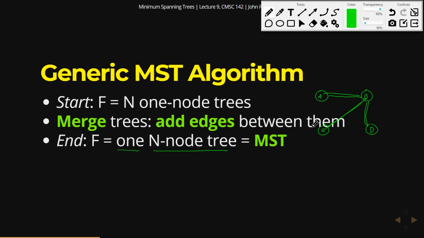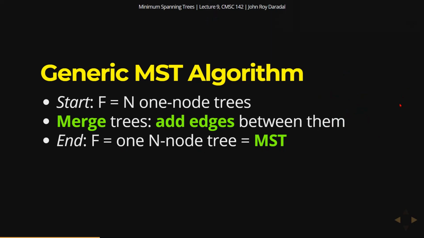So earlier there were n one-node trees because they were standalone or individual nodes, and then eventually when we merged them, there's only one tree with n nodes. And that one tree would be your MST already, your minimum spanning tree. So that would be how your generic MST algorithm will flow.